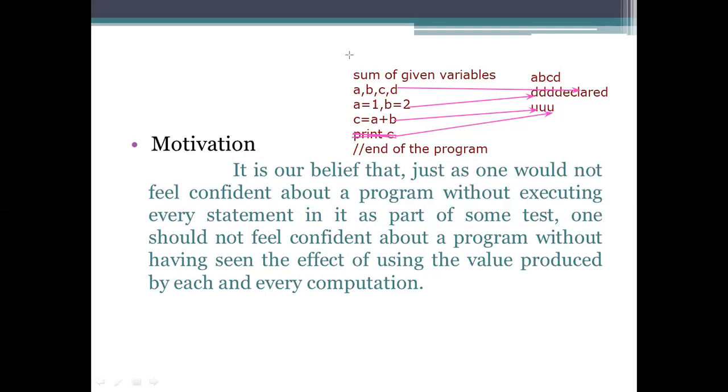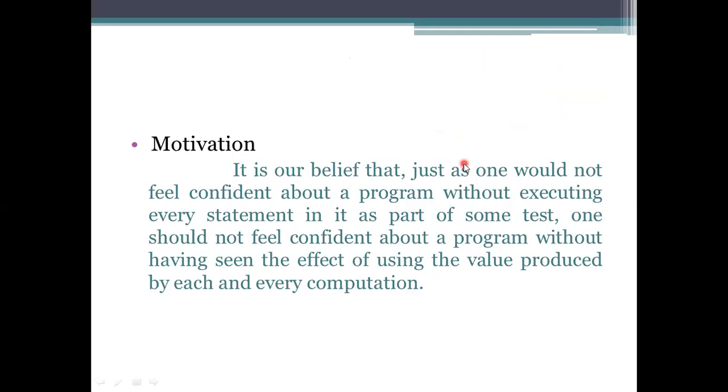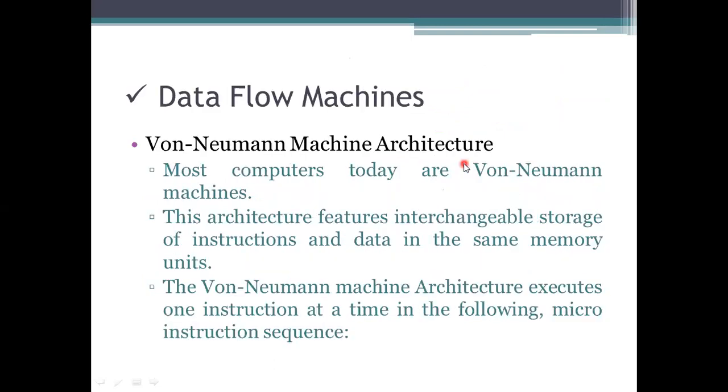By that, we need to study each and every data element we have. To study this, we need to take the data flow of that representation. Here we have the two basic machines for processing: one is the von Neumann, and the other is the MIMD and SIMD.